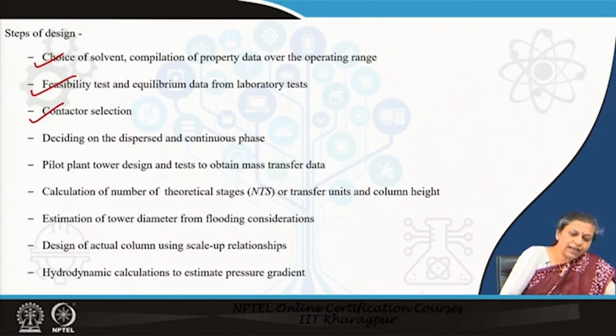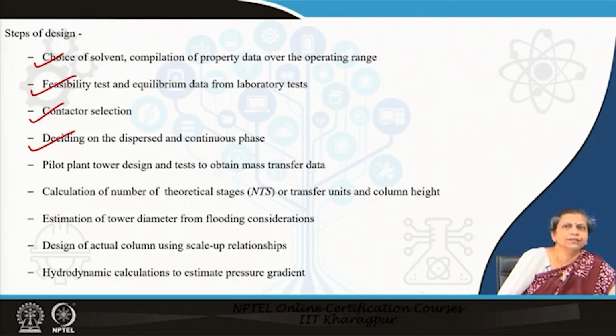Well, after the contactor selection, then you have to decide on the dispersed phase and the continuous phase. This also in the last class we had discussed, that the main factors are interfacial tension, relative viscosity, and the flow rates. And I had also mentioned that the higher flow rate is dispersed for the packed bed and the sieve tray, and the lower flow rate is dispersed for all other types of tray.